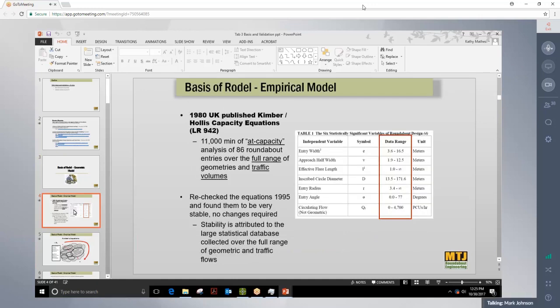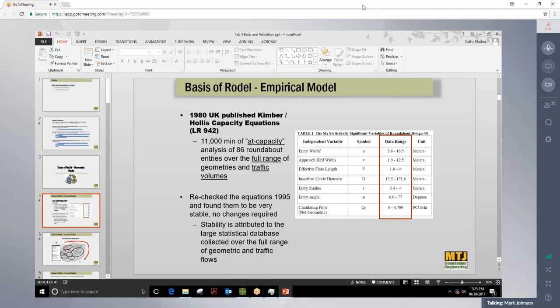So as most of you know, or maybe many of you know or may not know, Rodel's geometric model is predicated on UK research that was published in 1980, based on a significant amount of analysis and research over a full range of roundabout geometries and traffic volumes.